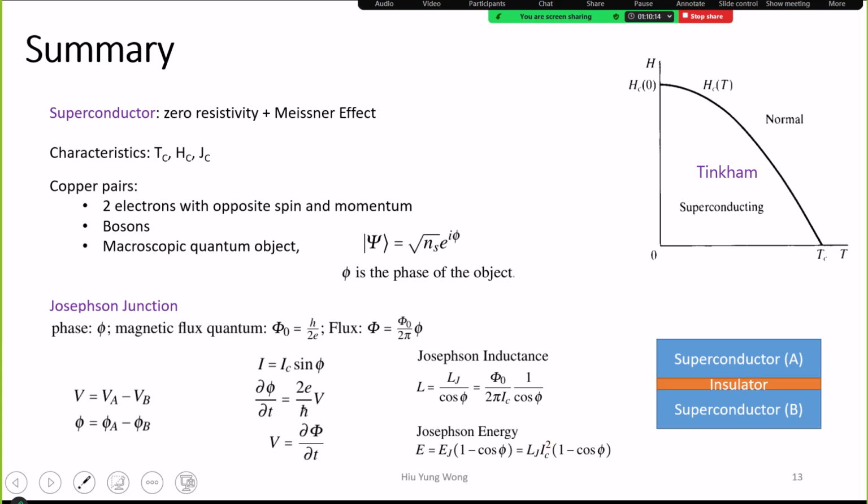If you forget anything, fine. But now I hope that you understand a Josephson junction is just like an inductor you learned in earlier classes. Because it's an inductor, it has inductance. It also stores energy. A regular inductor stores energy in the magnetic field.